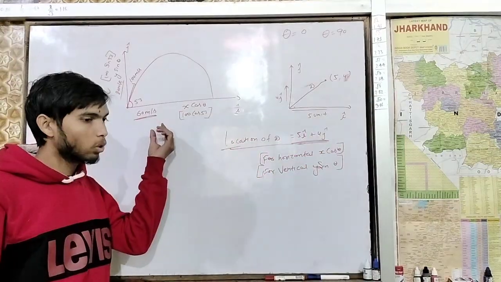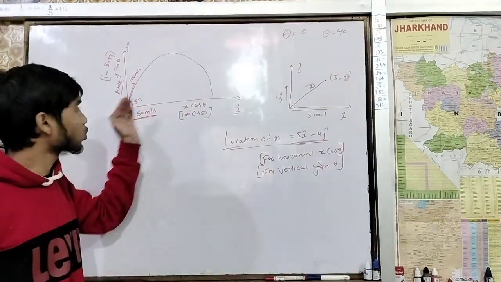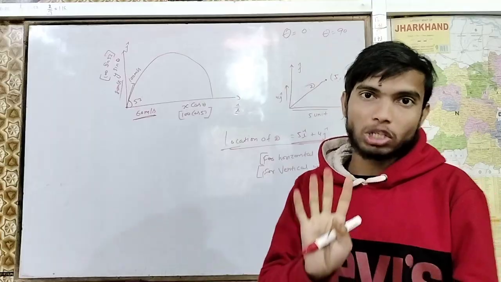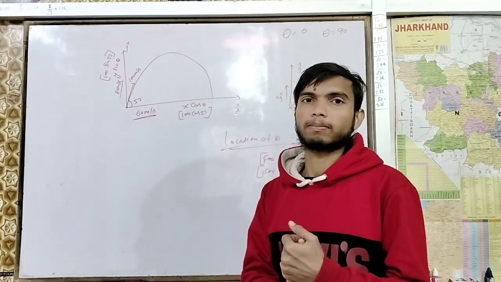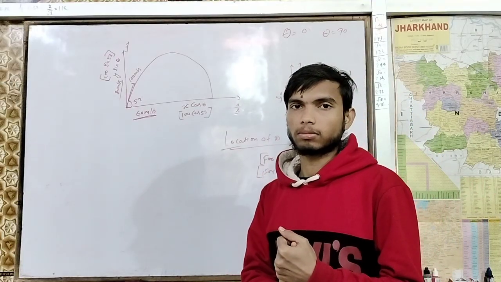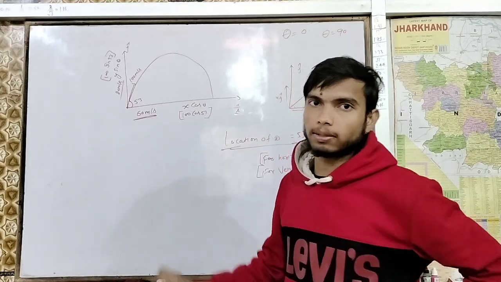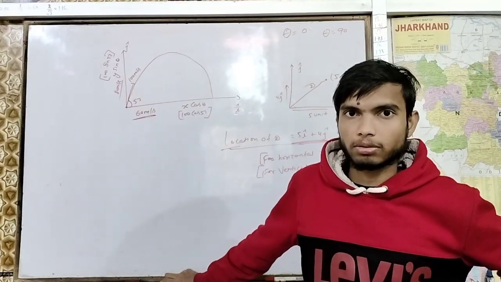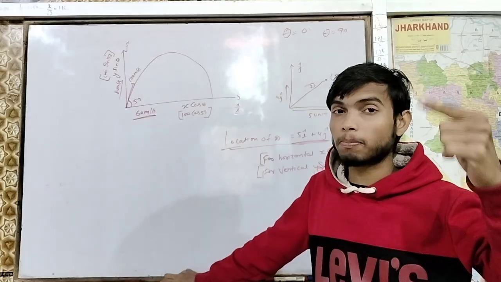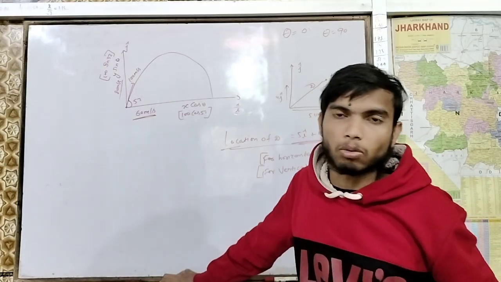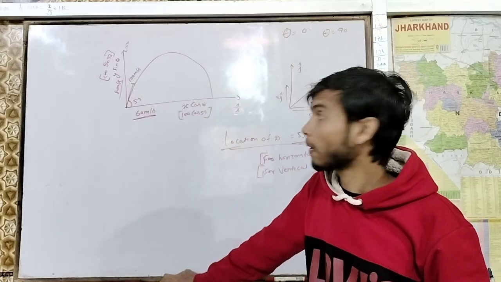It is telling you this stone is going with 60 meter per second only horizontally, and at the same time it is going upward with 80 meter per second. We found separate velocities for this motion of the stone.